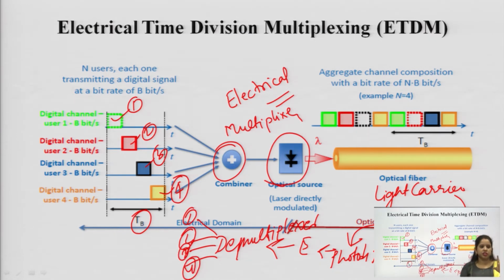First we have to see the similarity between OTDM and ETDM. The technique is time division multiplexing for both, but the difference is that in OTDM the signals are multiplexed when they are in optical form, but in ETDM the signals are multiplexed when they are in electrical form, and then converted into optical.